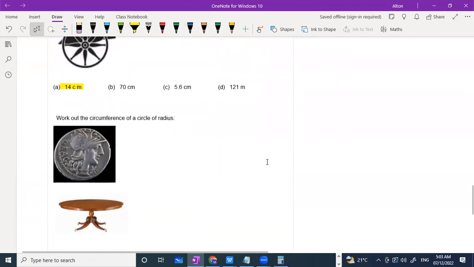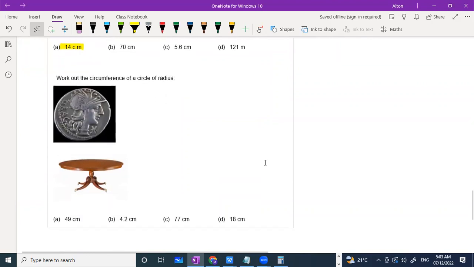Let's take another one where we are asked to find the circumference if we are given the radius. So let's calculate the circumference of this coin. Back in the days, the Greek used the coin which is called the drachma.